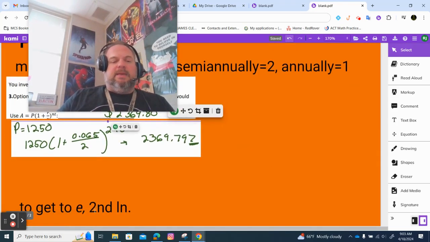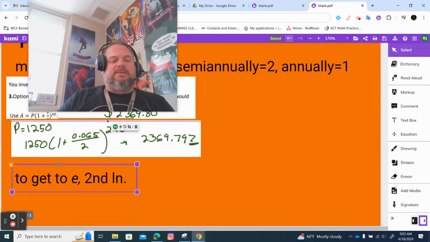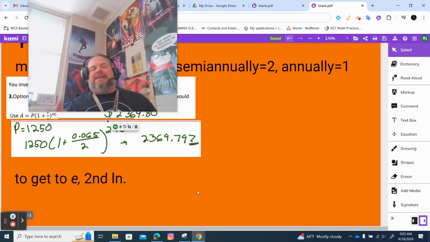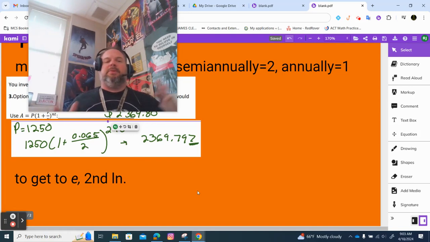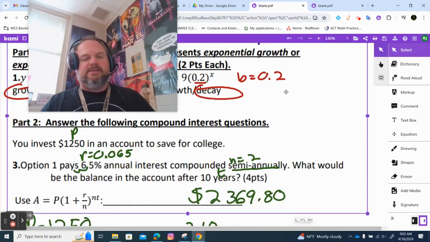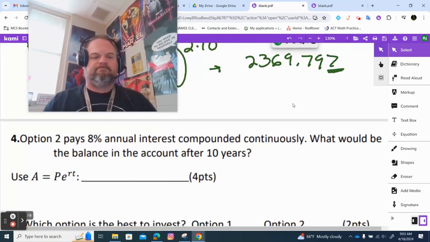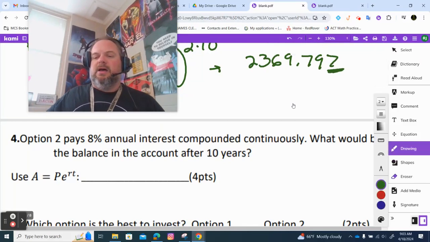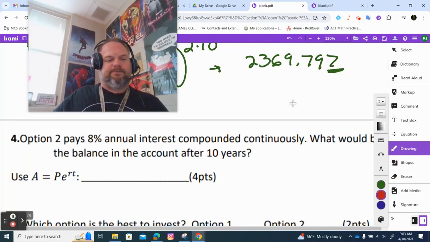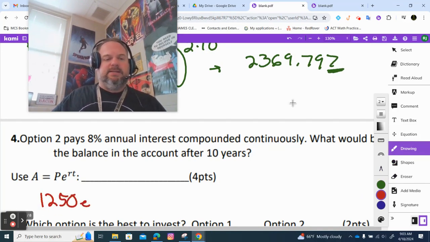All right, now also I would put how to get to E. How to get to E, remember second LN, and that is for this next part. All right, option 2. Okay, still 1,250. E, our rate is 8%, so 0.08. How'd I get that?